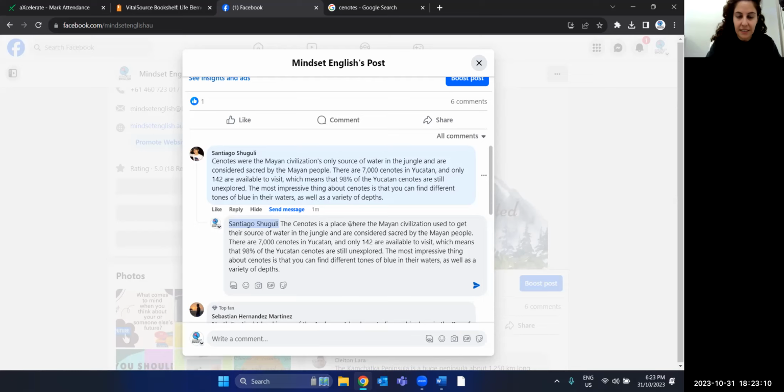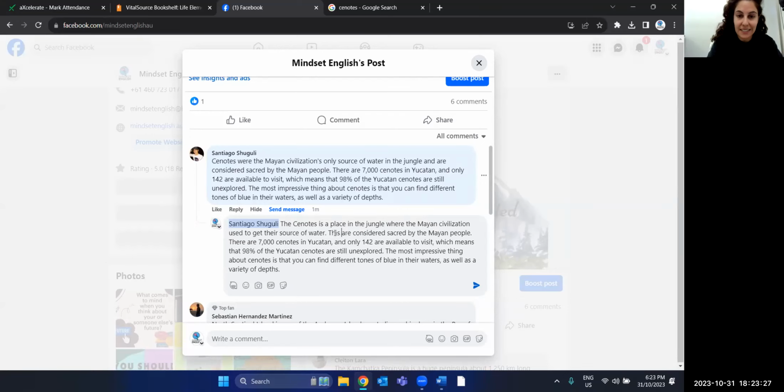Is a place in the jungle. So I might change it again. Remember, to write simple is a lot easier to read. So the cenotes is a place in the jungle where the Mayan civilization used to get their source of water.